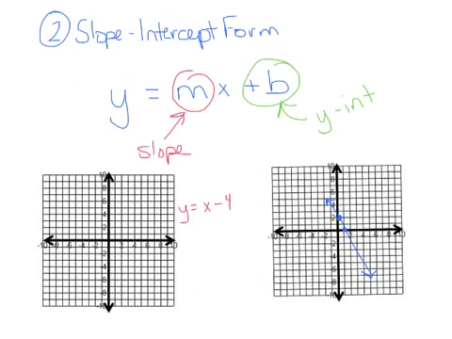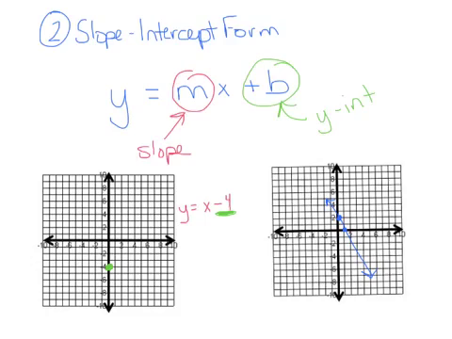Slope-intercept is probably the most famous and most widely used. Once again, m stands for slope, b stands for y-intercept. Once I know that this stands for slope-intercept form, I have a quick way of graphing something like y equals x minus 4. If I can identify the y-intercept as being negative 4, I got 1 point on the graph.